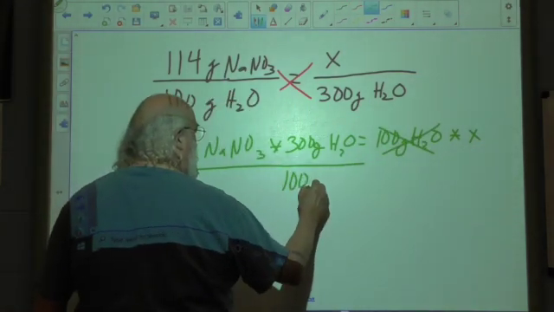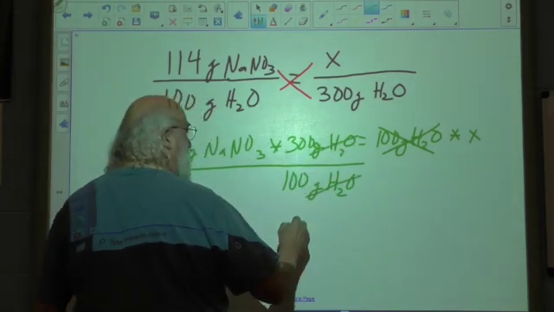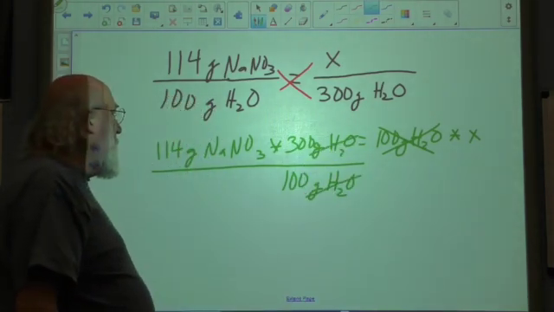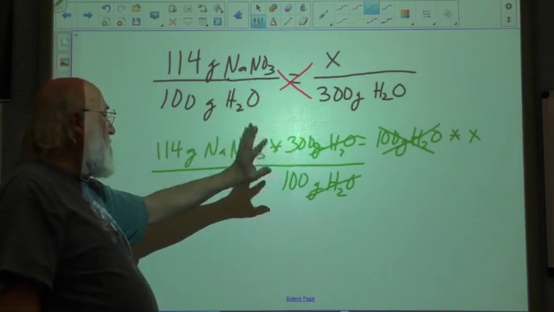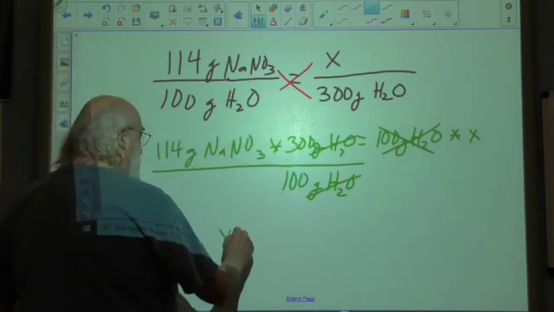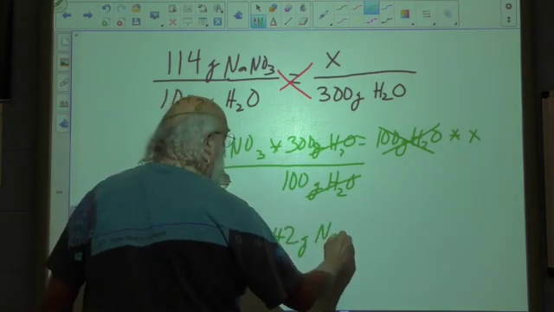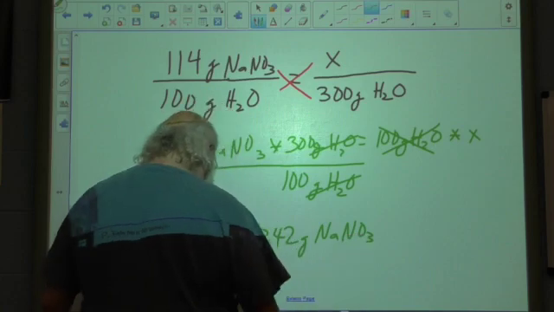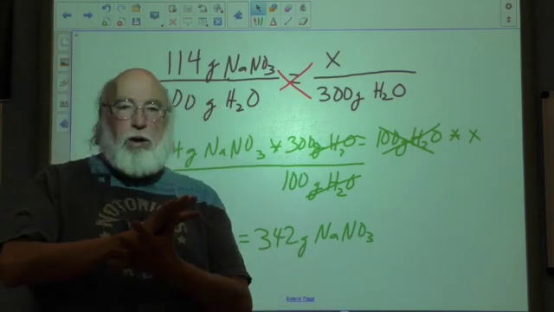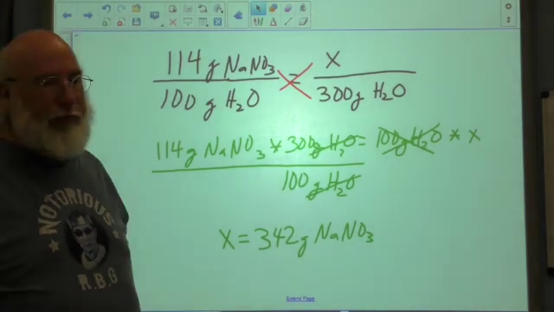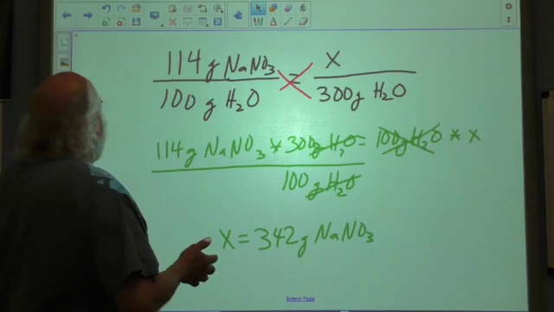And I'm going to put it directly under the 300 grams of water so I can essentially see that this is going to cancel fairly quickly. And if I take 114 times 300 and divide by 100, my value of X turns out to be 342 grams of sodium nitrate. And that tells us that we will need that many grams of sodium nitrate to get an absolute 100% saturated solution. Okay? So that's what this assignment entails.